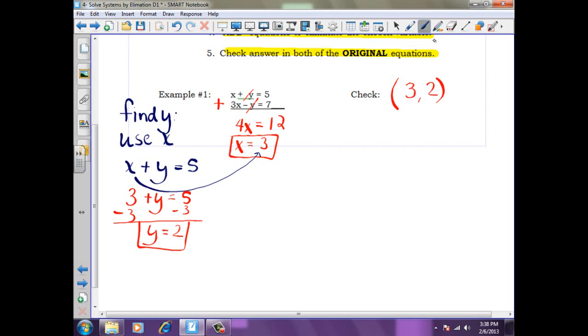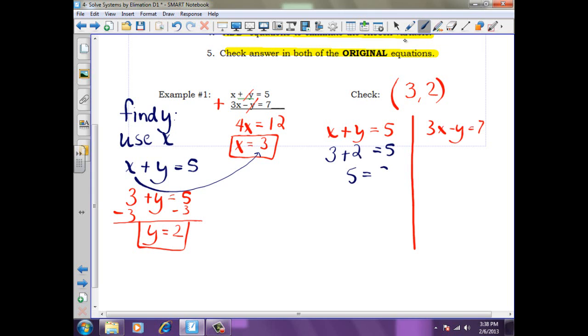We check it the same exact way. We plug it into the original equations and see if both sides equal each other. There is my x, there is my y, and both sides do equal each other on this side. Substituting for my x minus my y, 9 minus 2, and yes, both sides do equal each other.